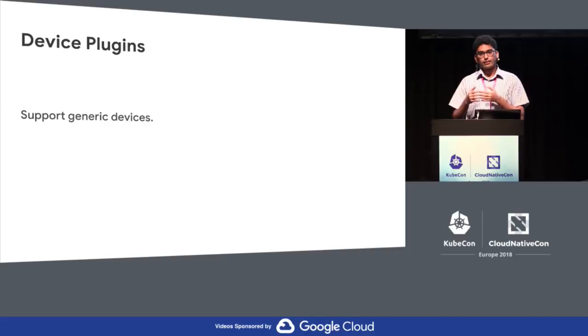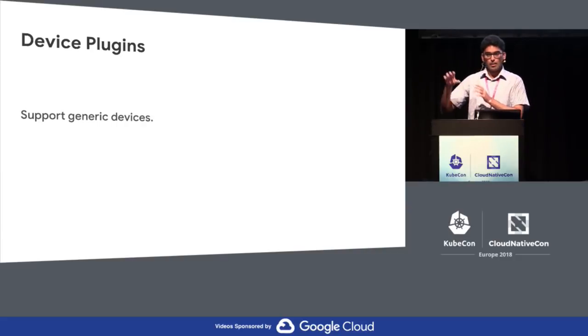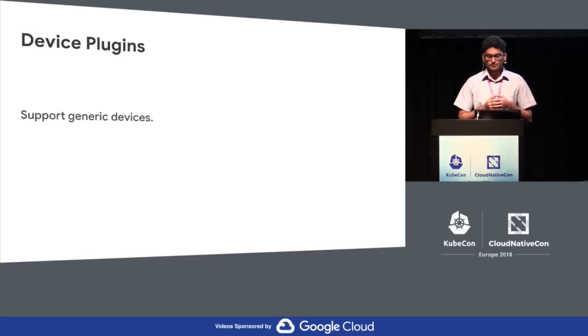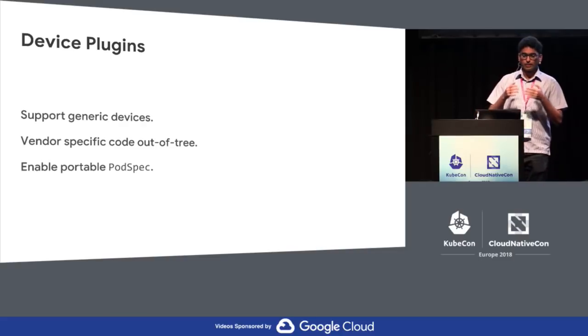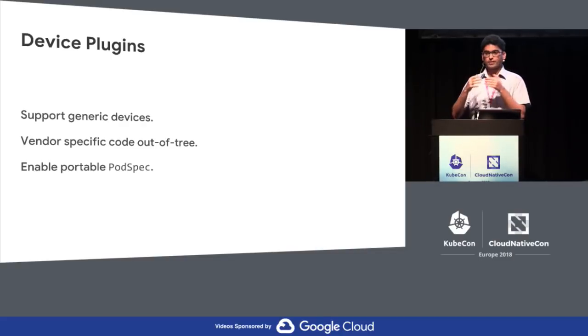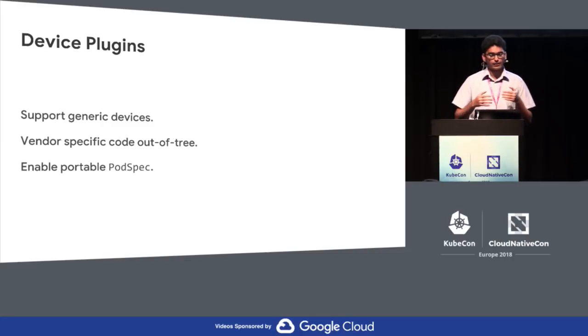It's an extension mechanism which allows the vendor-specific code to remain outside the core Kubernetes tree, but still allows these devices to be available natively through the Kubernetes API. And they also enable the pod spec to be portable. If you use device plugins, the pod spec will not contain any host-specific parts which we had in the previous pod spec.